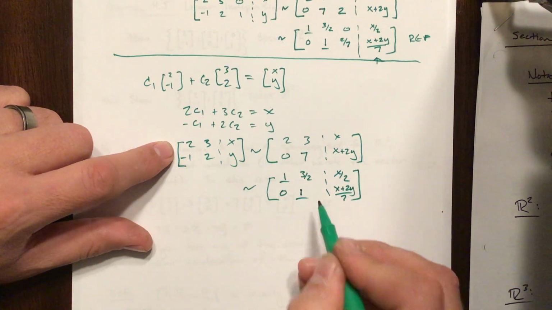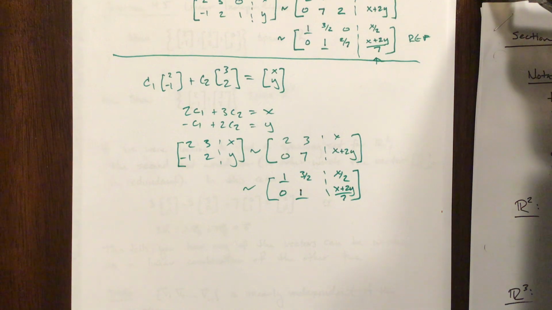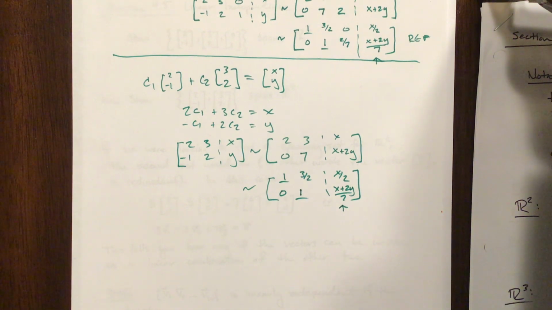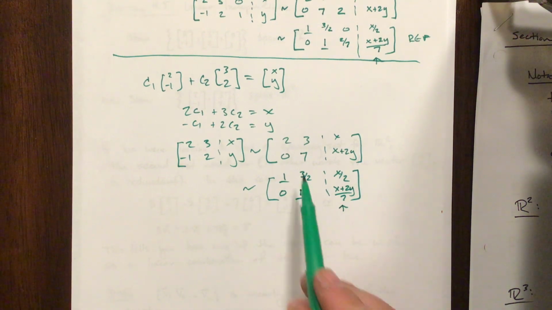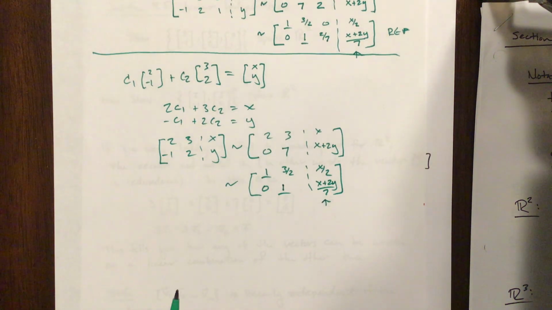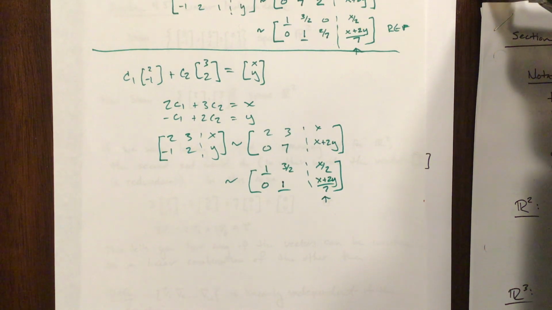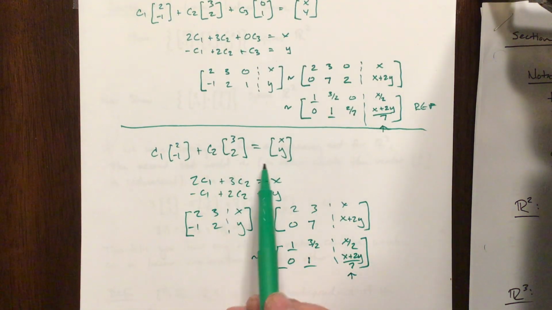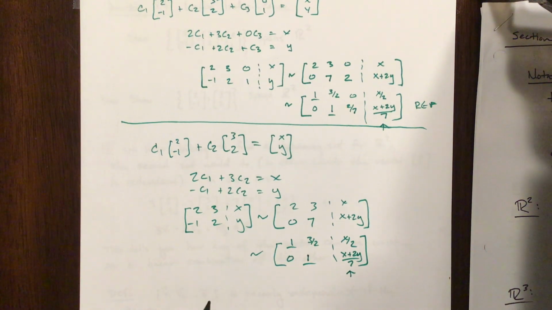We have a pivot in every column of the coefficient matrix, and more importantly, not a pivot in the augmented column. Therefore, we have a consistent system, so a solution exists. Therefore, the vectors (2, -1) and (3, 2) span R2.